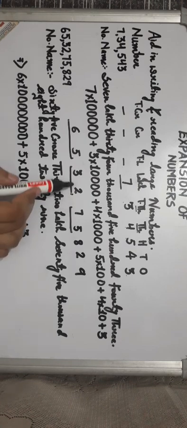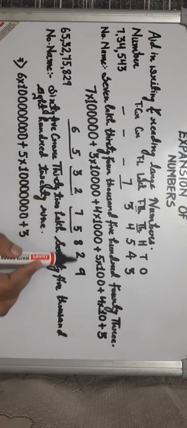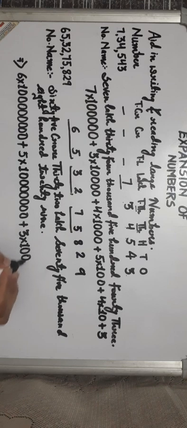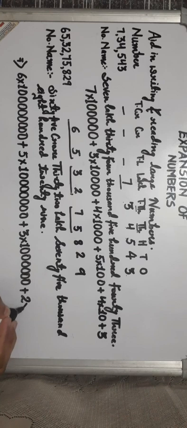Then 3. How many zeros? 1, 2, 3, 4, 5, 6. 6 digits, so 6 zeros. After that, 2, how many zeros? 5 zeros. 1, 2, 3, 4, 5. Okay.